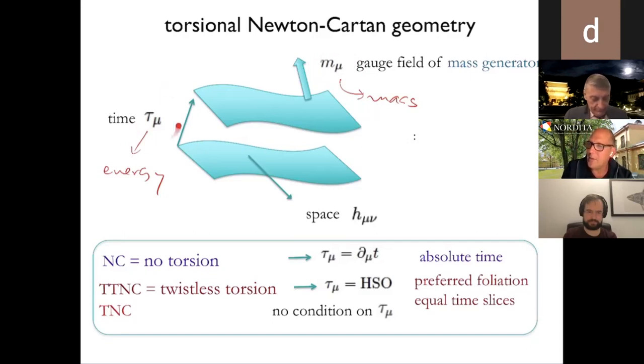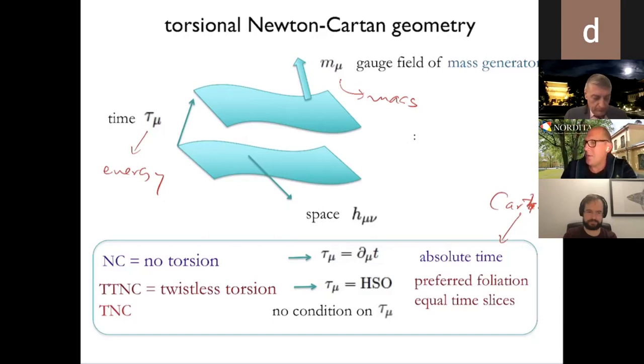What's quite important is the kind of properties that this time-like field line satisfies. If tau is exact, then you have absolute time. This is actually the geometry that Cartan introduced. Not surprisingly, because Cartan wanted to have a geometry for Newtonian gravity, and Newtonian gravity has absolute time.